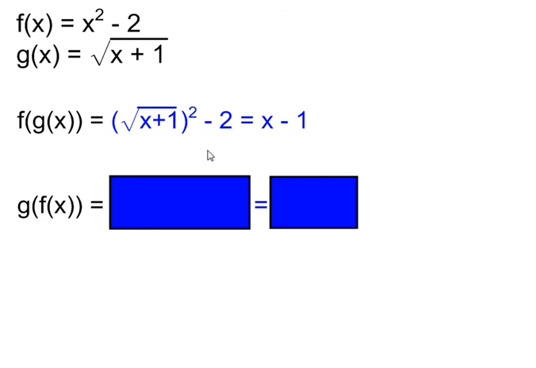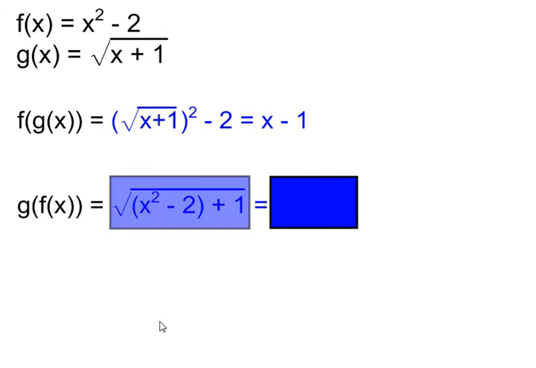Now if we did the opposite, now I'm going to take f and plug it into g. So I'm going to take this whole function here and plug it into x. Again, I put parentheses around x squared minus 2 because that's my new x, and plug it into g. So it's the square root of parentheses x squared minus 2 parentheses plus 1.